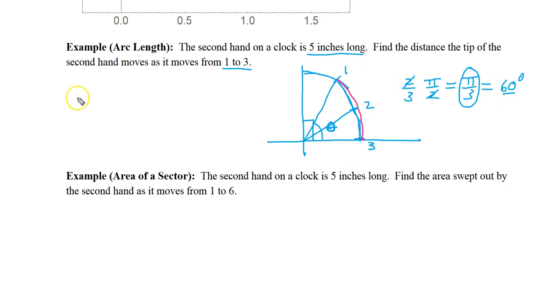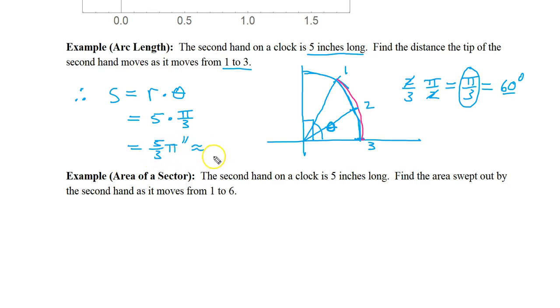So now the arc length s, that's going to be r times theta, and so that's going to be 5 inches times pi over 3, or 5/3 pi inches.